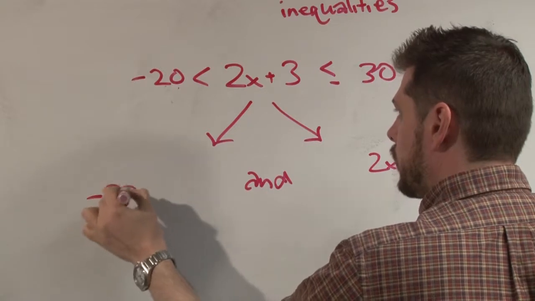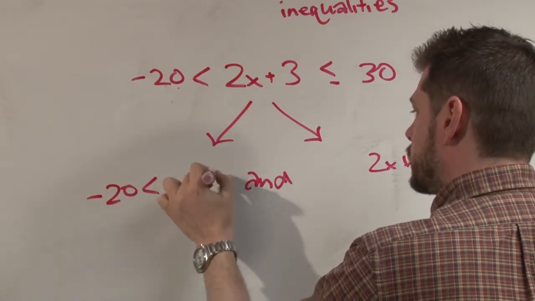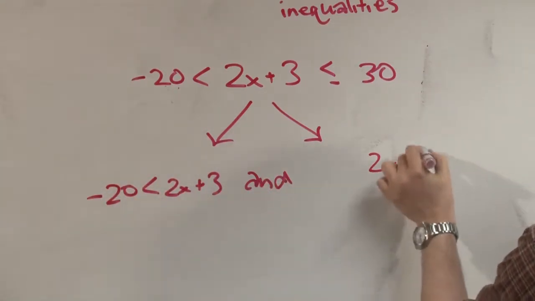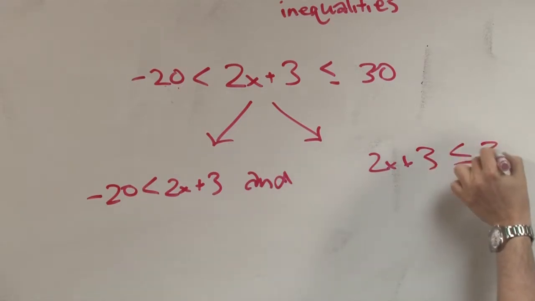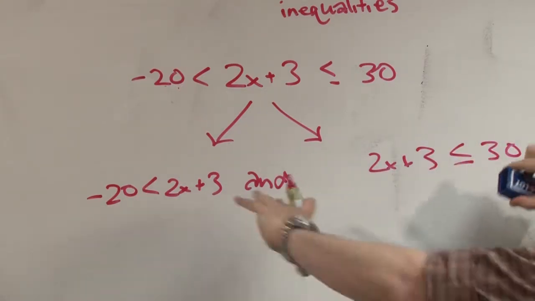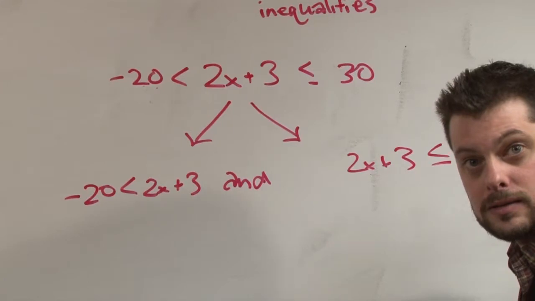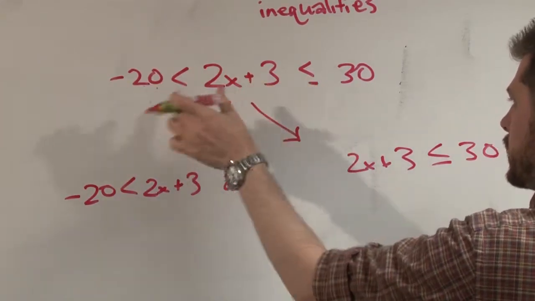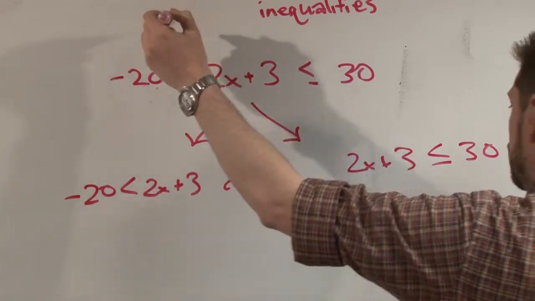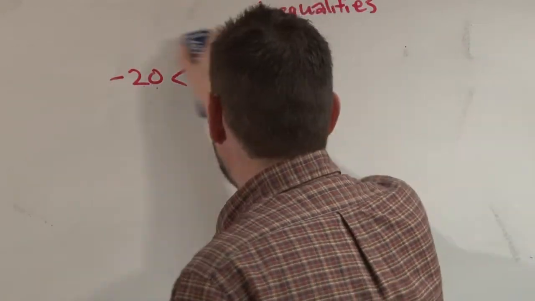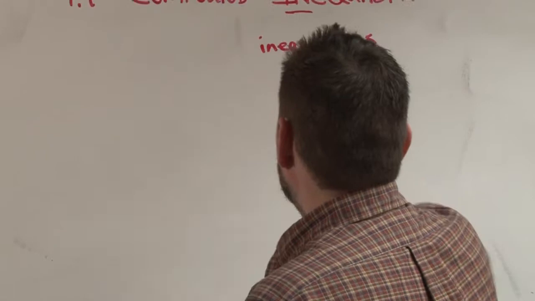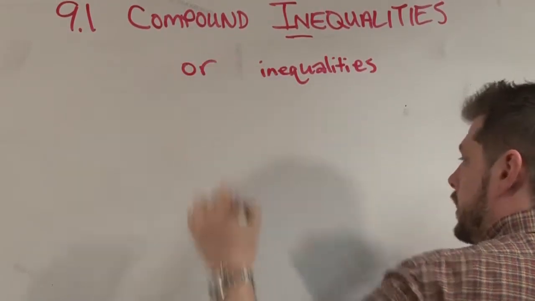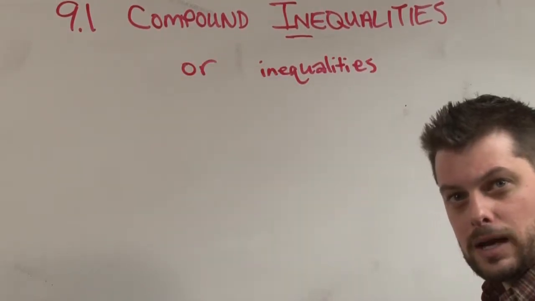This would look like 2x plus 3 is greater than or equal to negative 20, and 2x plus 3 is less than or equal to 30. And then I could go from there. I could solve both for x. And every time I'll end up with an interval that's bound because I'm dealing with an and inequality. So with an or inequality, there's no way to write them with only one expression of x.